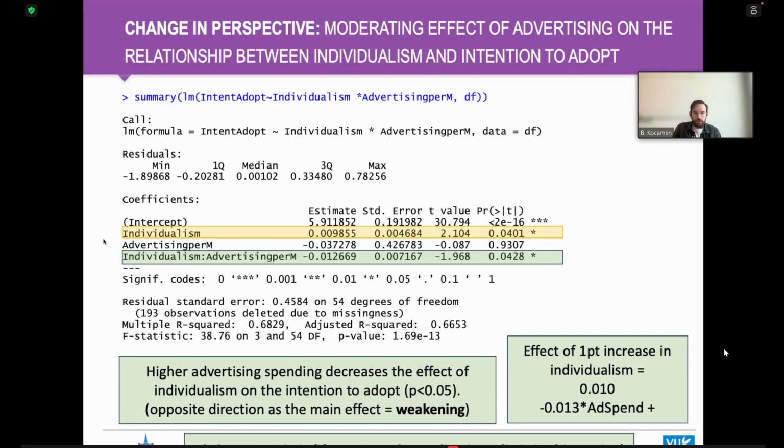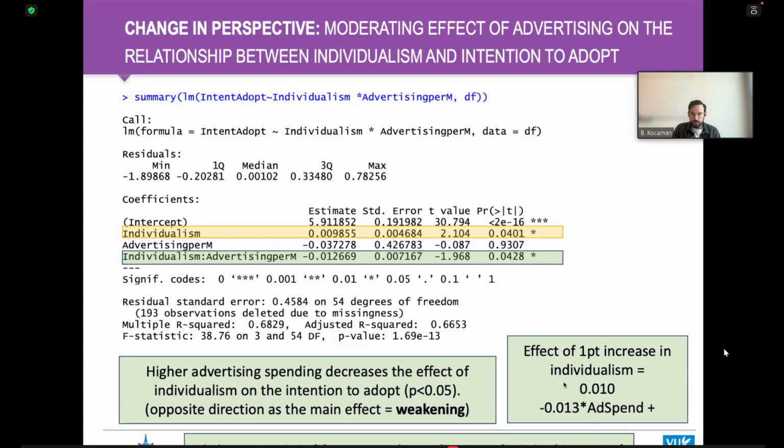In this case, we can again say that this is a negative moderation. Higher advertising spending decreases the effect of individualism on the intention to adopt. This is a weakening effect because the main effect of individualism was actually positive. So as you increase the advertising spending, this decreases the effect of individualism on intention to adopt.